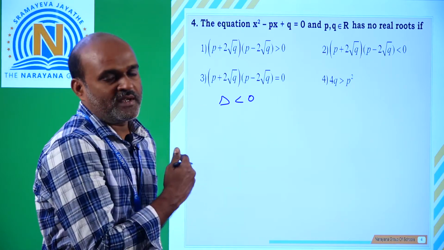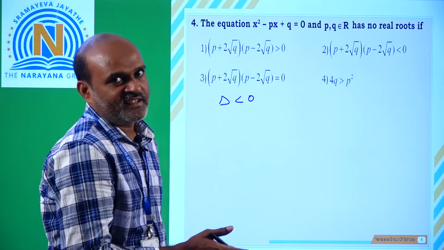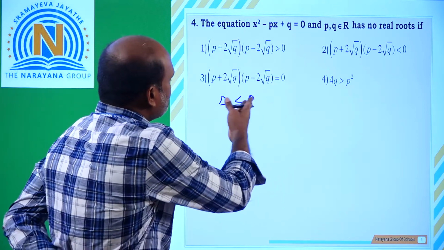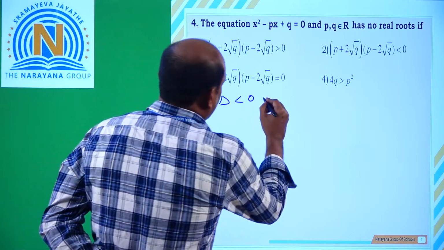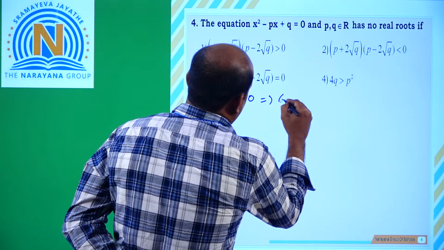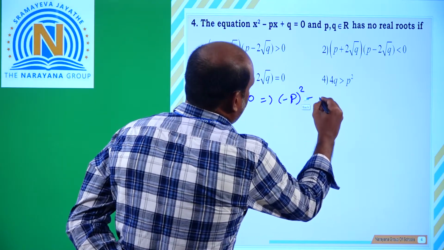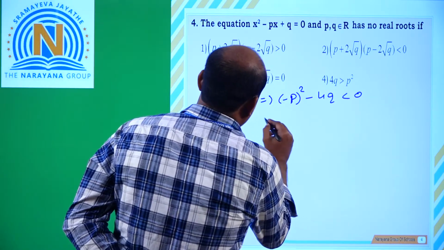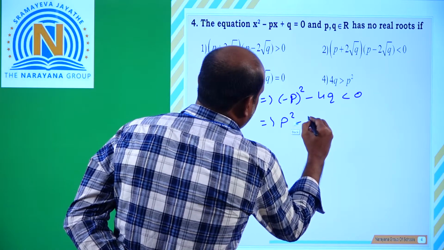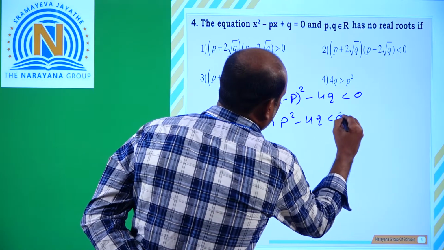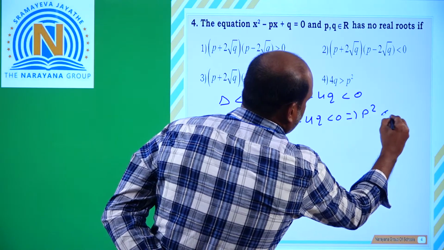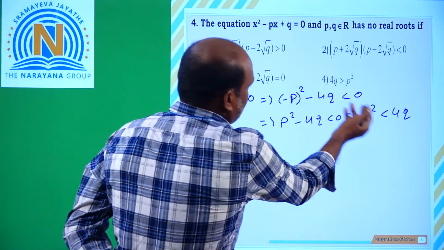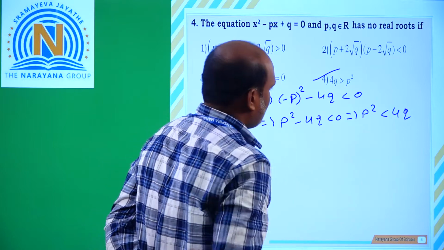If delta greater than 0 means roots are real and distinct, delta is equal to 0 means roots are real and equal, but no real roots means discriminant less than 0, that implies b square, that is minus p whole square, minus 4 into a is 1, c is q, is less than 0, that implies p square minus 4q less than 0, implies p square is less than 4q, that is 4q is greater than p square, right.